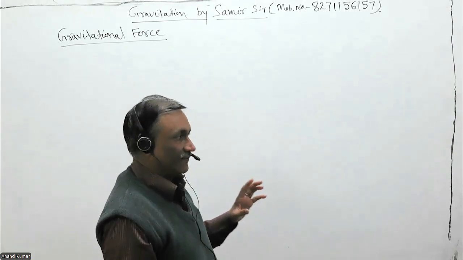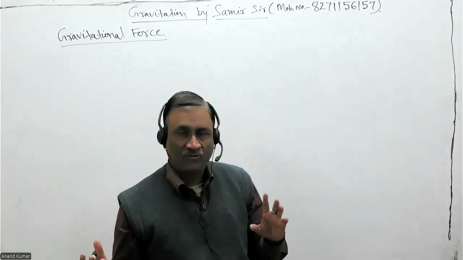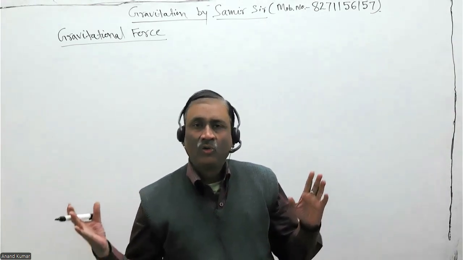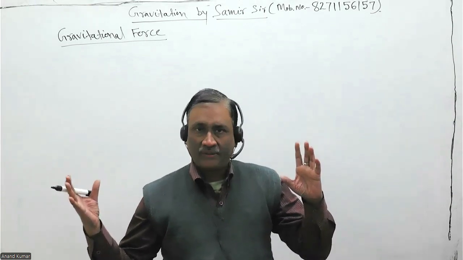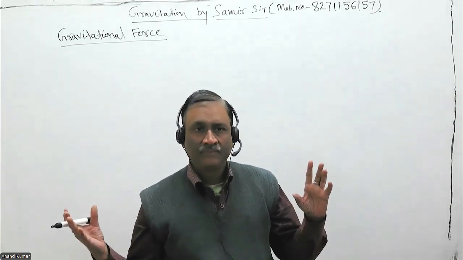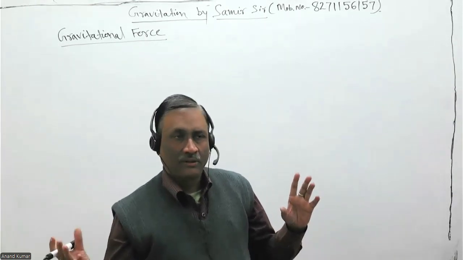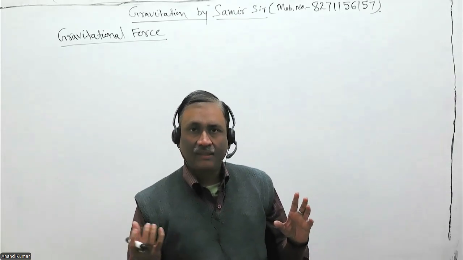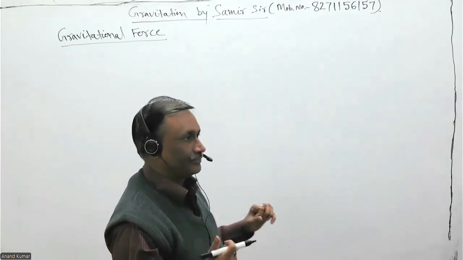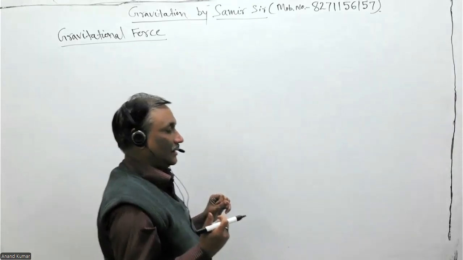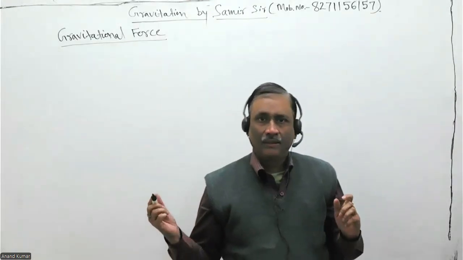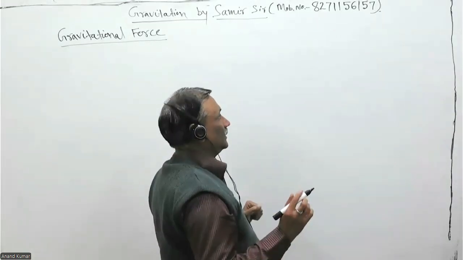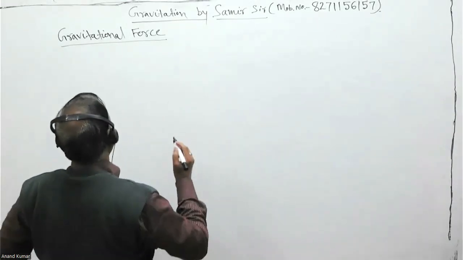So gravitational force is such a type of force which exists between two bodies in the universe, in which the heavy body attracts the lighter body, and it occurs in the universe.